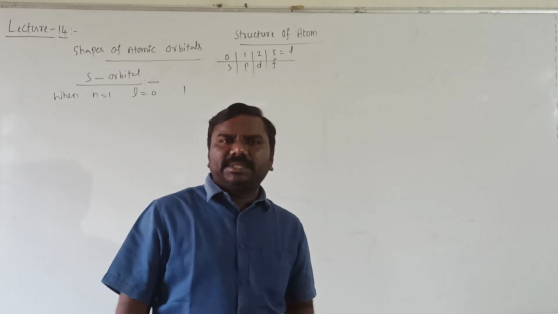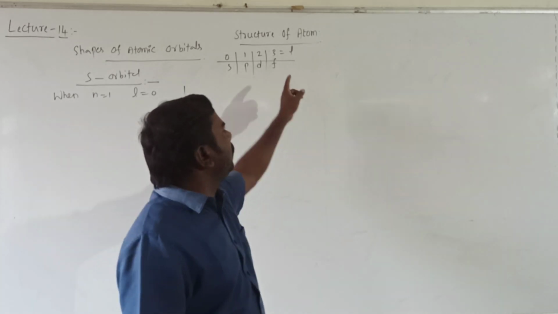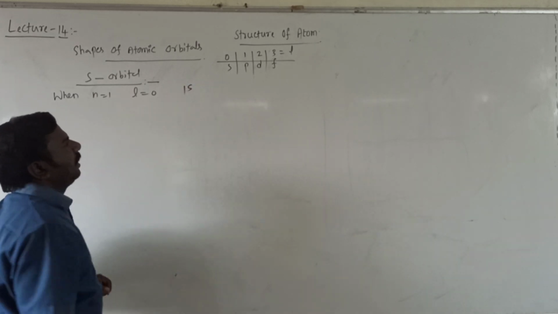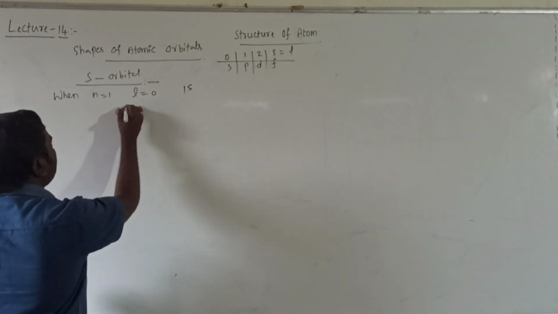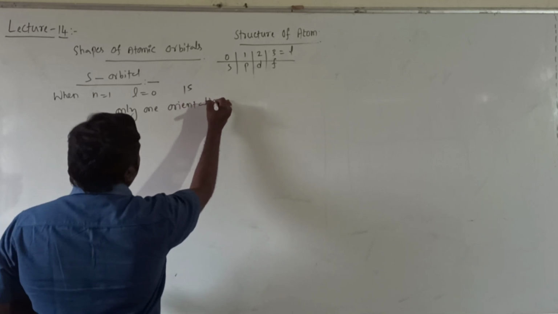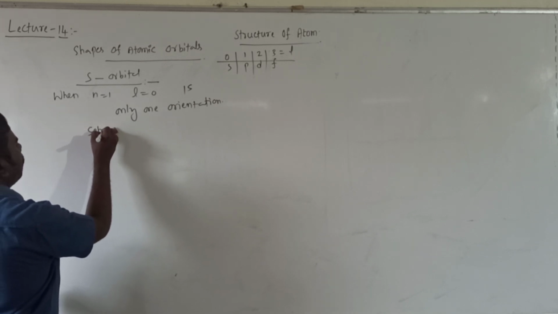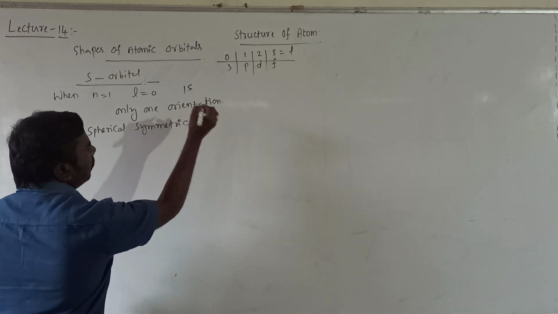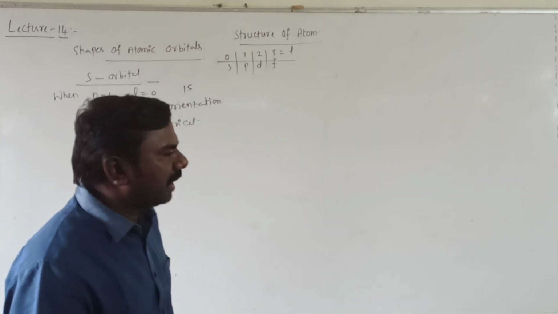L0 means S, L1 means P, L2 means D, L3 means F. Then 0 is also one possible orientation, only one orientation. Only one possible orientation. The shape is spherical, symmetrical shape. Spherical shape and symmetrical in x direction, y direction, z direction, all cases symmetrical.